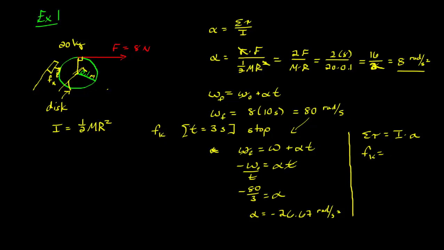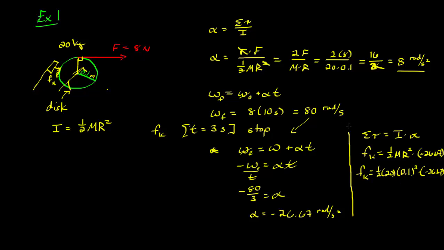And that's going to be 1/2 mr squared times the angular acceleration of negative 26.67 from before. So we get a kinetic frictional force of 1/2 of 20 times 0.1 squared times negative 26.67. Let me calculate that real quick.